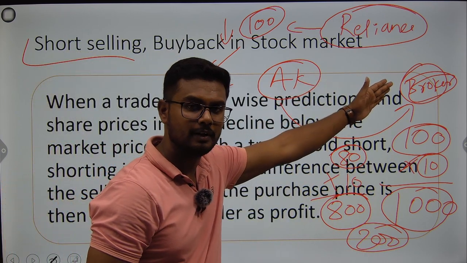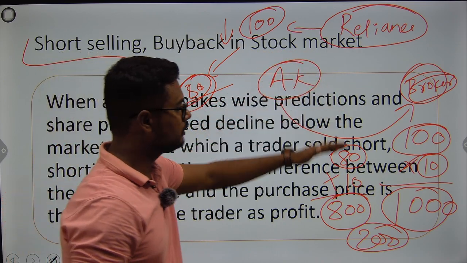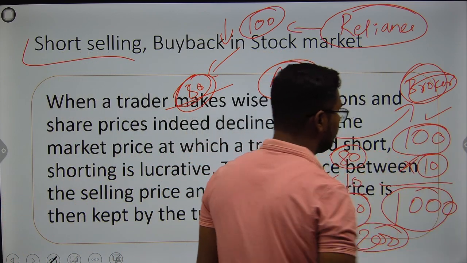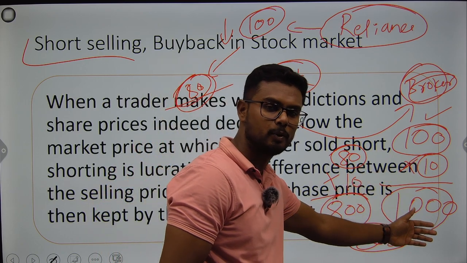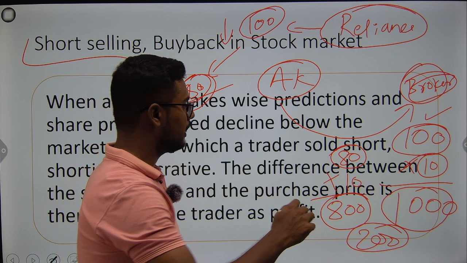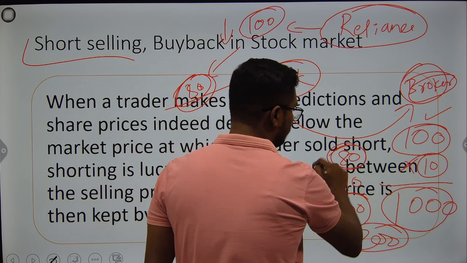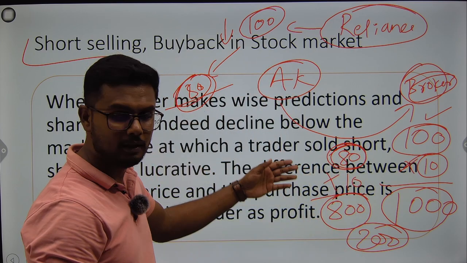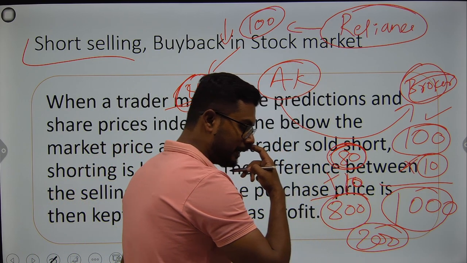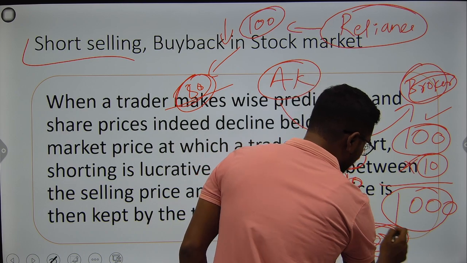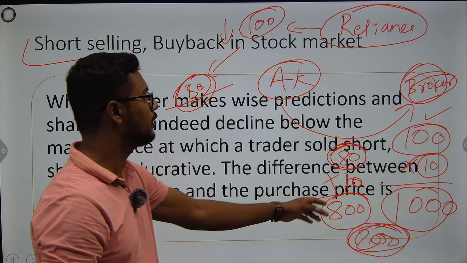He was holding 10 shares of Reliance company valued at 100 rupees a week ago. He sold them and generated 1,000 rupees in total. Then after 1 week, the share value fell to 80 rupees per share. Then he thought of buying back those shares. So he bought 10 shares effectively at 800 rupees. So in reality, he made a profit of 200 rupees out of this.